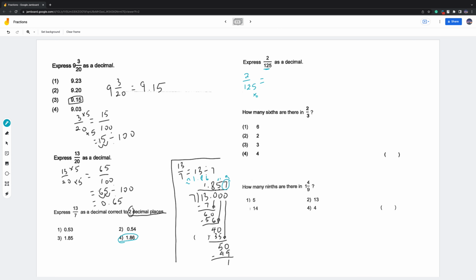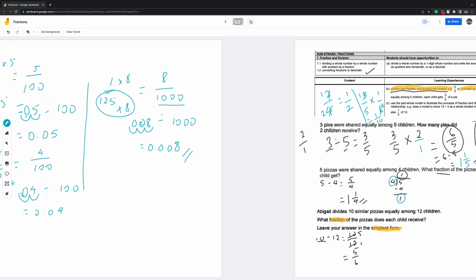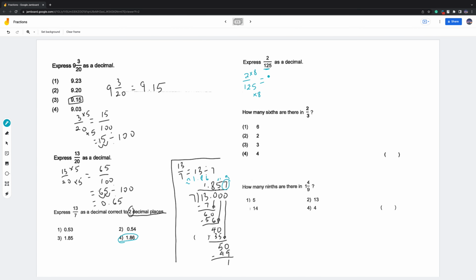And if you memorize the times table, or rather the fractions that I advise you to memorize just now, you will know that 125 can be converted to 1000 by multiplying 8. So when we times 8, we get 16 over 1000.